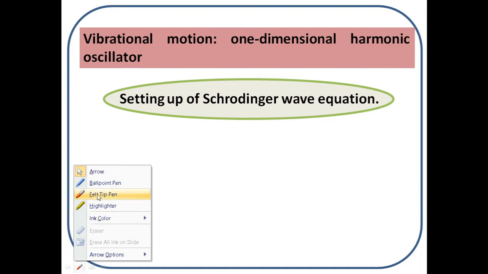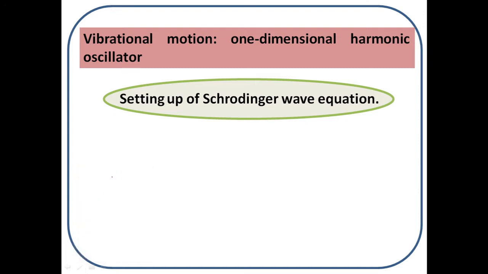Before setting up the Schrodinger wave equation, we have to discuss what is a simple harmonic oscillator. You might have studied the simple harmonic oscillator in your plus 2 classes as well as BSc subsidiary classes. If we have a support like this, to which a mass m is attached by a string, this system can undergo oscillation in this way.